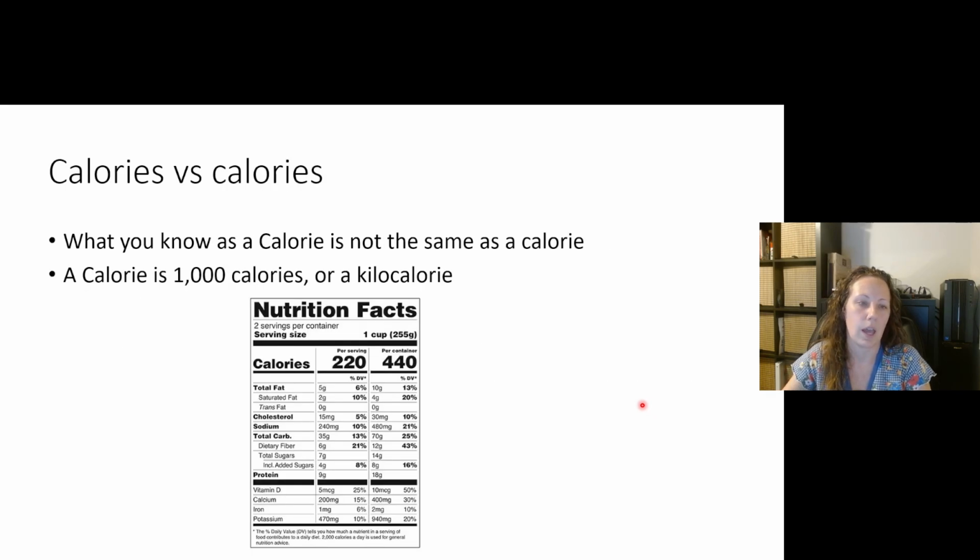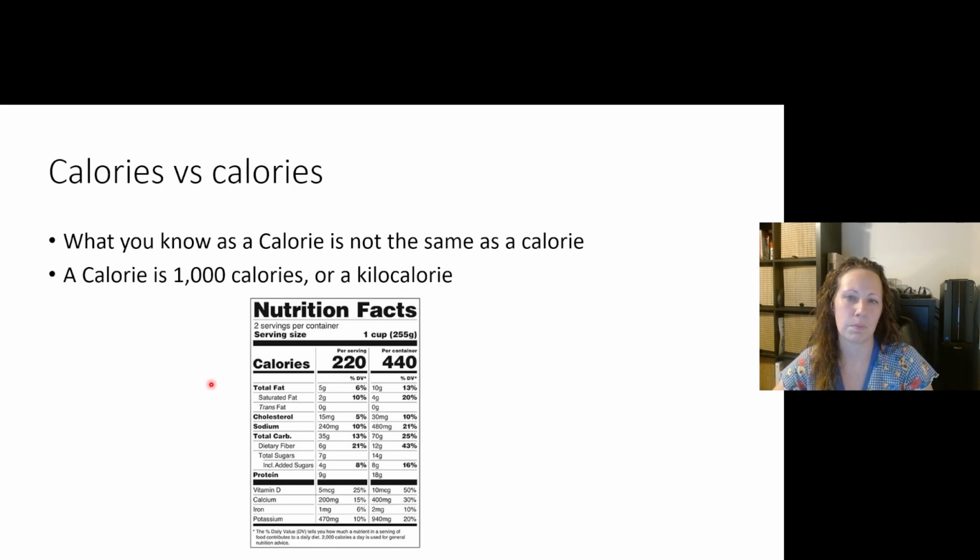Okay. The capital C Calories that we have on nutrition facts is actually a kilocalorie, which is the same as 1,000 calories. And the reason for that is people just didn't see the point. Number one, they were going to round anyways. But number two, do we really want to have on our nutrition label, this has 220,000 calories?